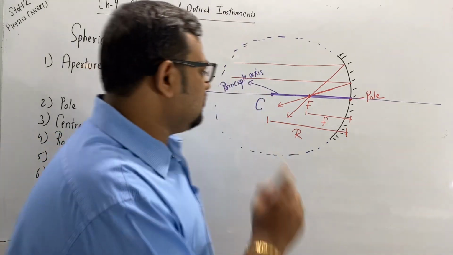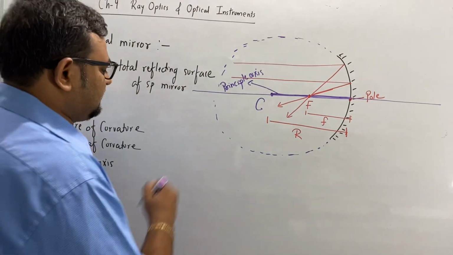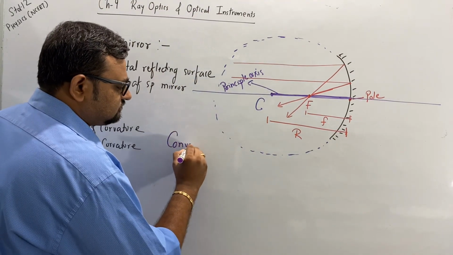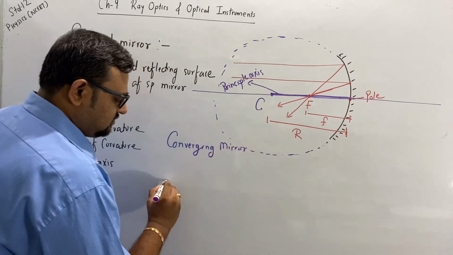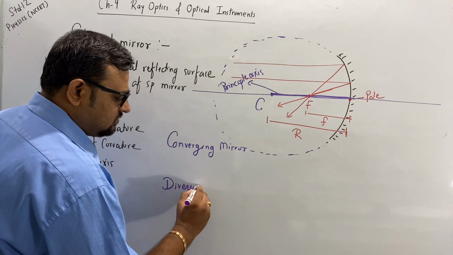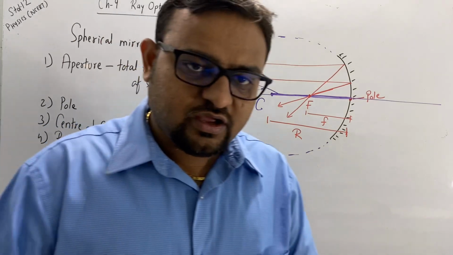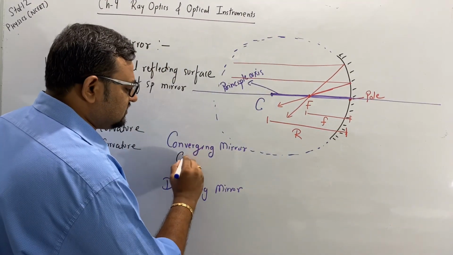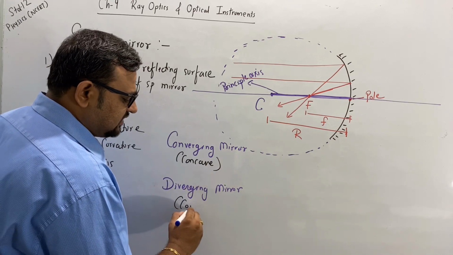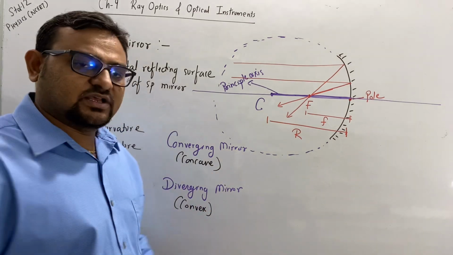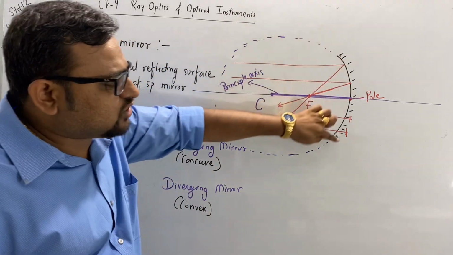Okay. Now, two types again: converging mirror and diverging mirror. Converging mirror is concave and diverging mirror is convex. So what is the difference? See here, this is a concave mirror.